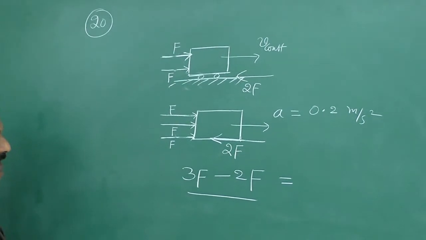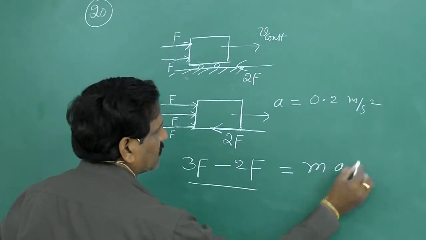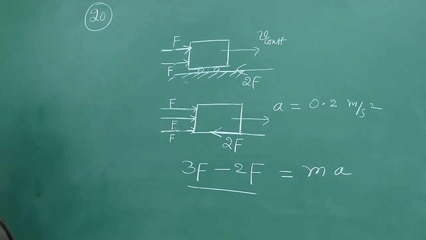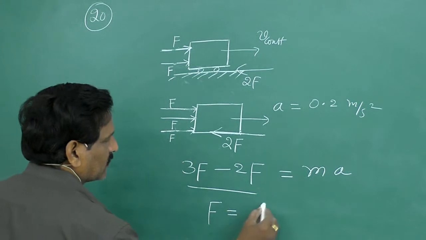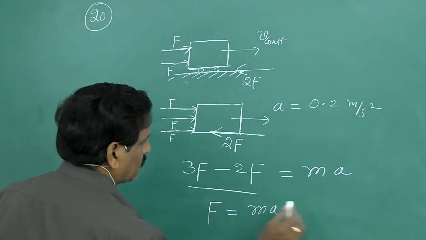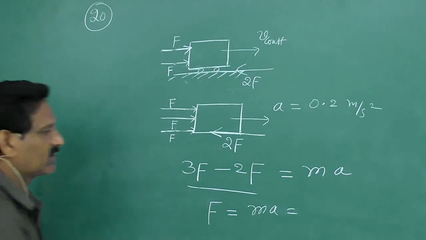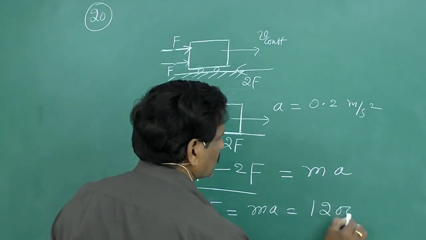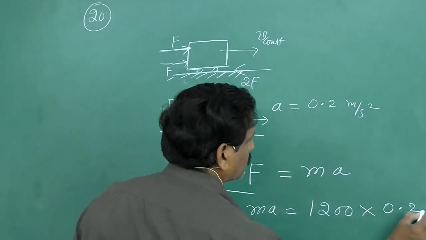Hence, from Newton's second law, net force is equal to mass into acceleration. So 3F minus 2F is F. So F is equal to ma, mass of the car and acceleration of the car. Here mass of the car is given as 1200 kg, into acceleration 0.2.